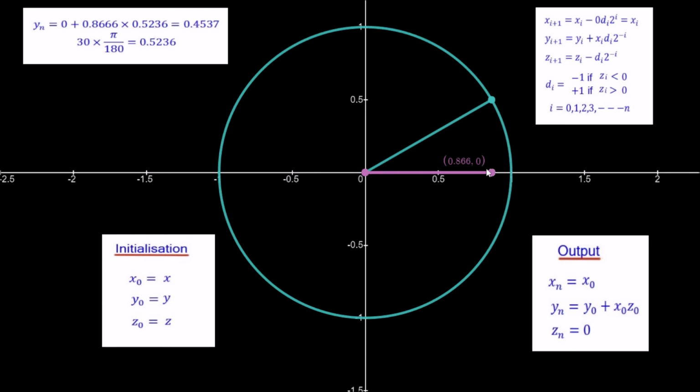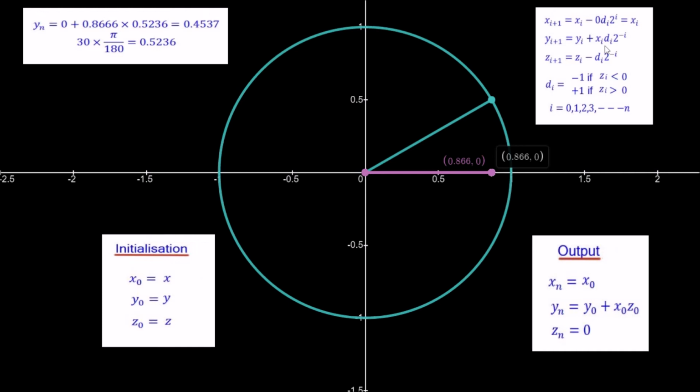So that's very simple to work out the x value for all of our points. Now the y value, y1, is going to be y0. So y0 is a value initially of 0. So it's going to be 0 plus this value here, which is xi, so the x0, which is again 0.866. So we're going to have our 0.866 times the value of d.